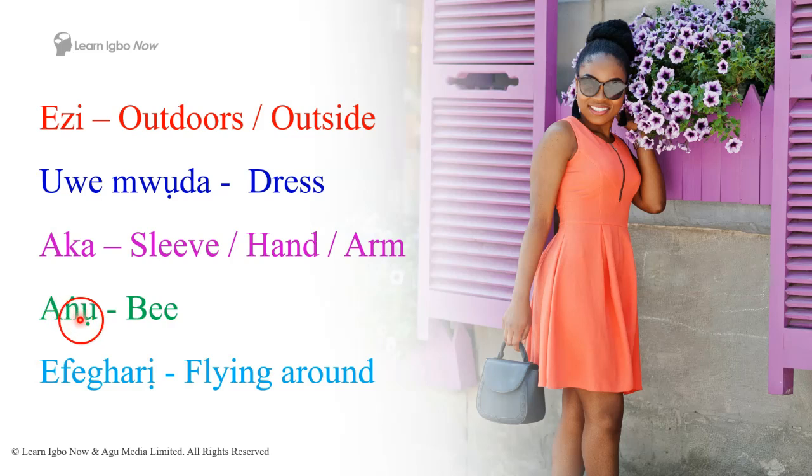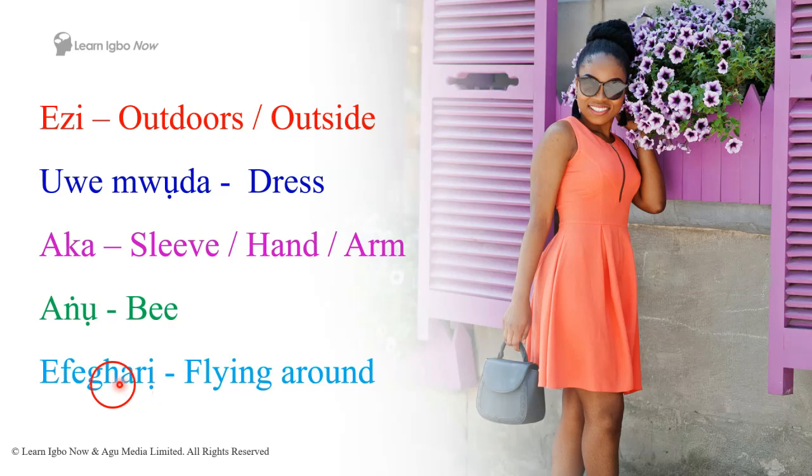So whenever you see this N with a dot or a stroke on the top, remember that you say it the way you say the ing sound in English. Aṅụ, bee. Ahụrụ m otu aṅụ ugbu a. I saw a bee now, or rather I saw one bee now. Aṅụ, bee.